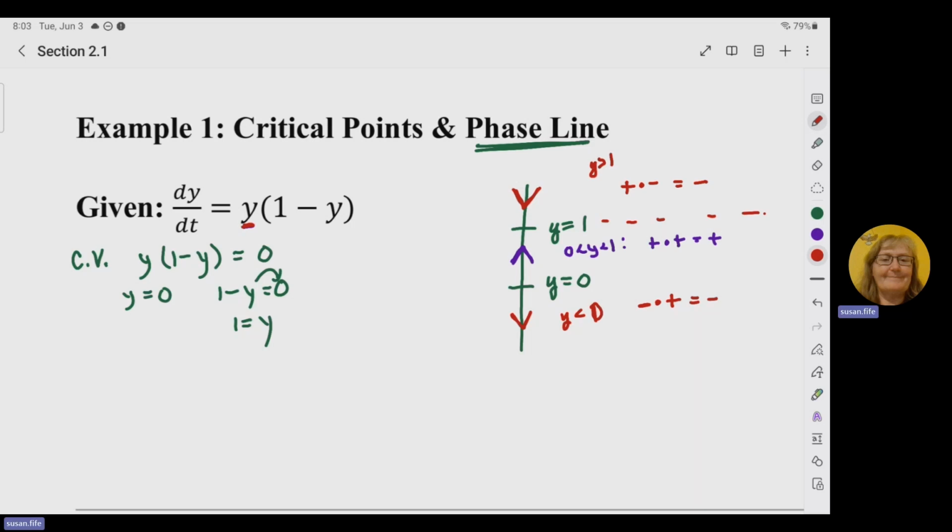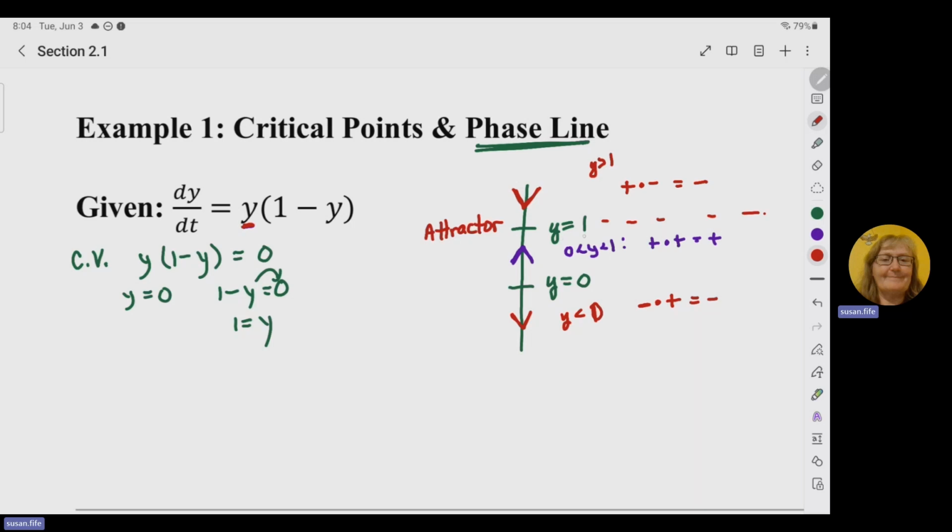So from here, you can identify attractors and repellers. An attractor, if the arrows are pointing towards the critical values, you have an attractor. Just like here, at y equals 1, the arrows are pointing towards y equals 1.